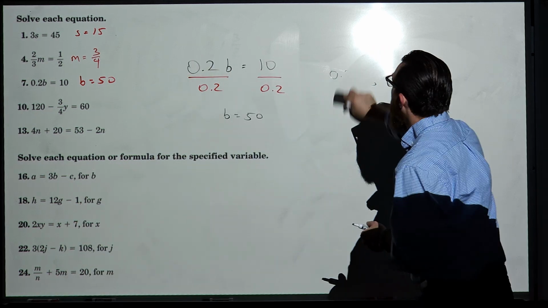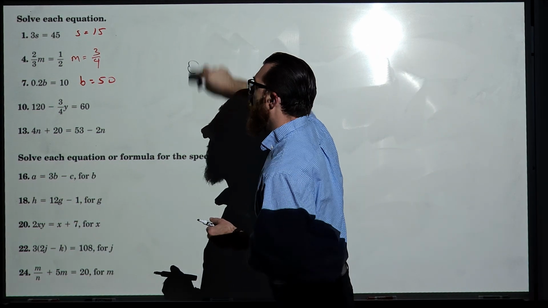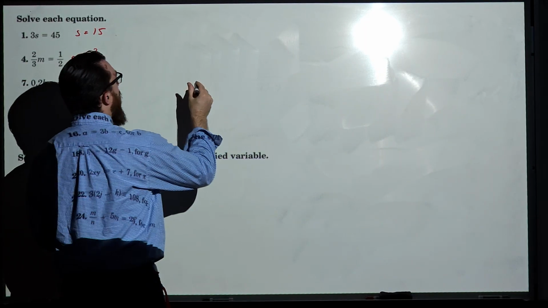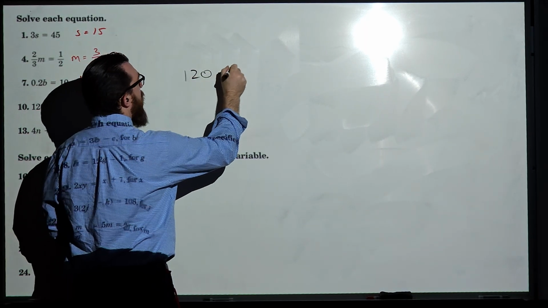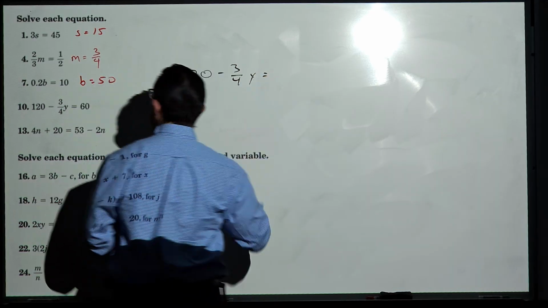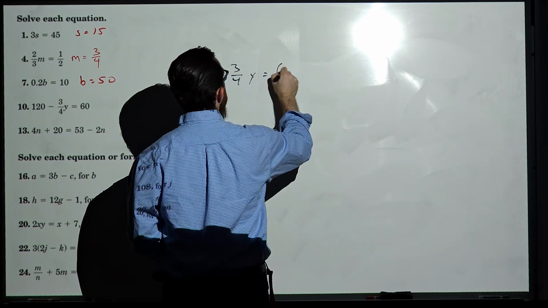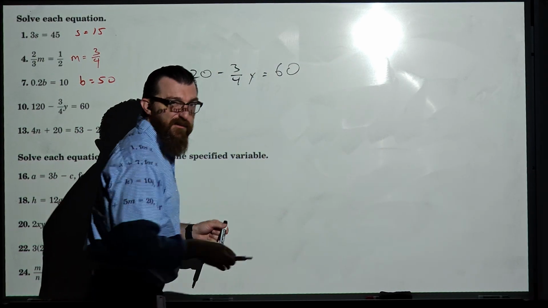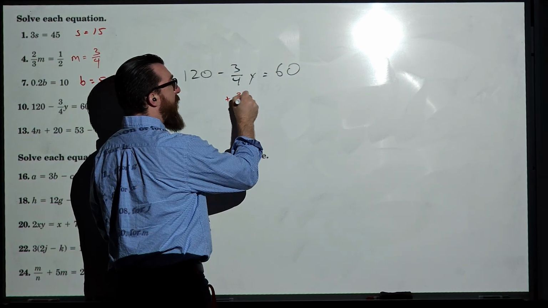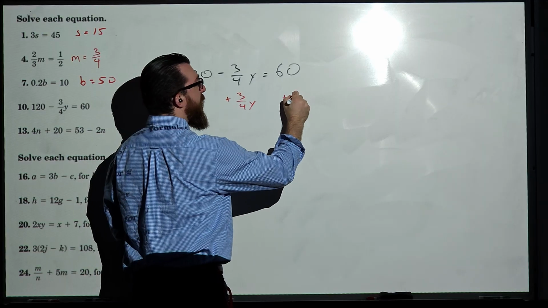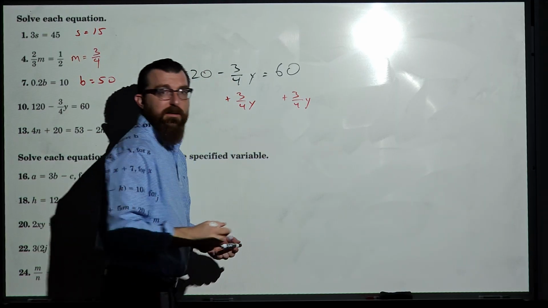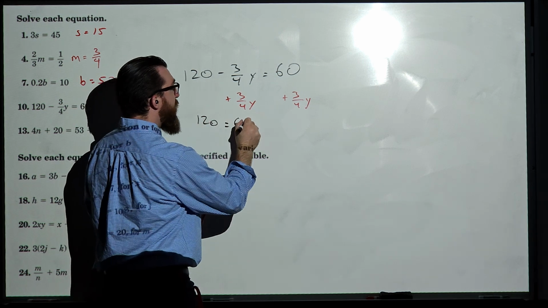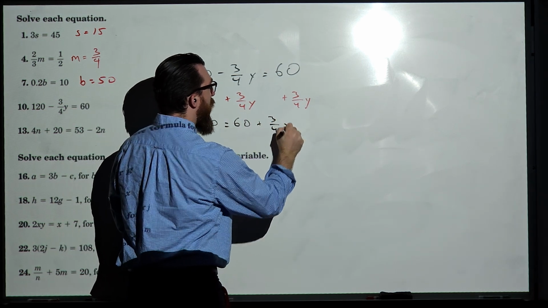Okay, we're finally moving into two-step problems. 120 minus 3/4 y. We still have to deal with fractions here. Equals 60. Now, personally, I'm not a fan of negative numbers, so my first move is actually to add 3/4 y to both sides. And that's going to give me 120 equals 60 plus 3/4 y.